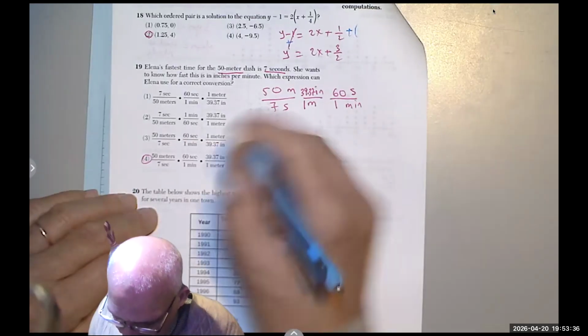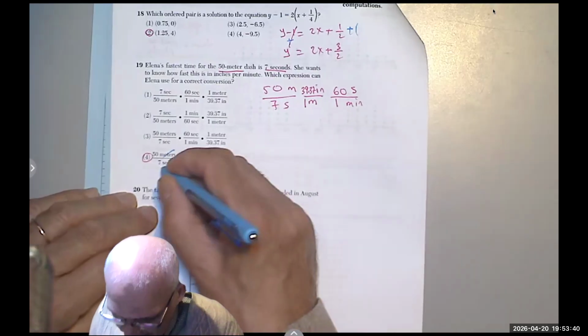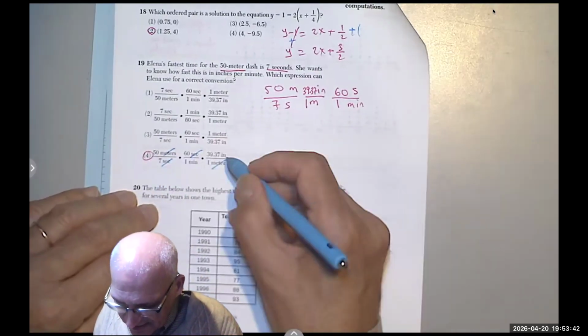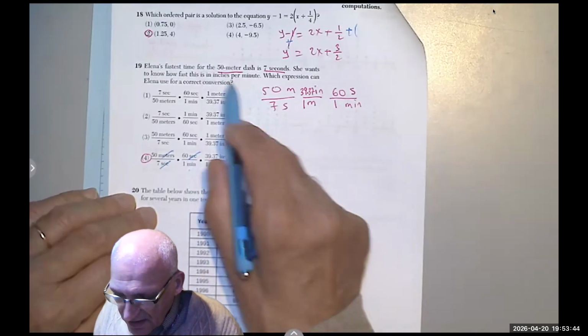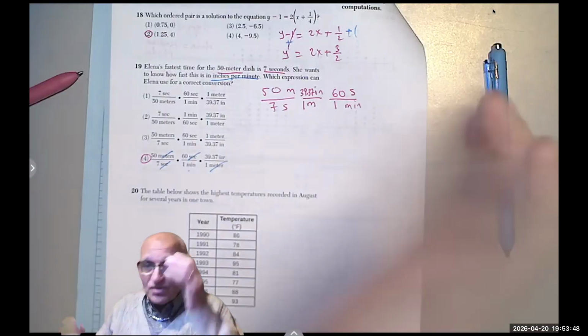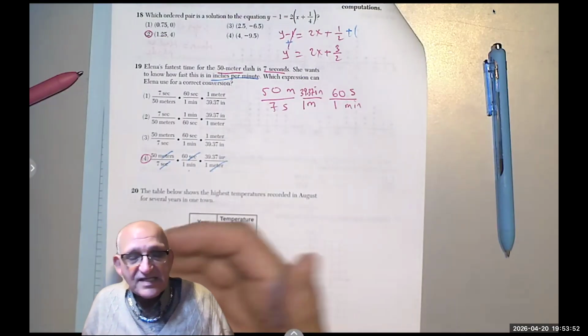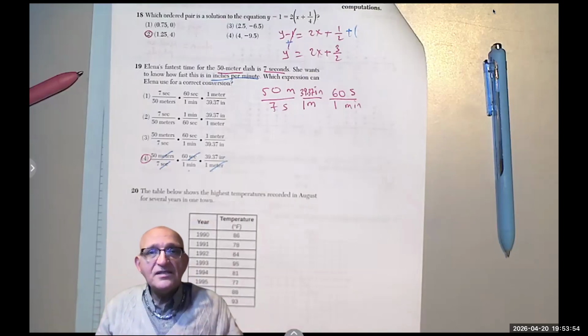Notice here, the meter and the meter cancel. The second and the second cancel, and you get inches per minute. It's really, once you know how much a minute is in terms of a second, then you see which one you want to get rid of.